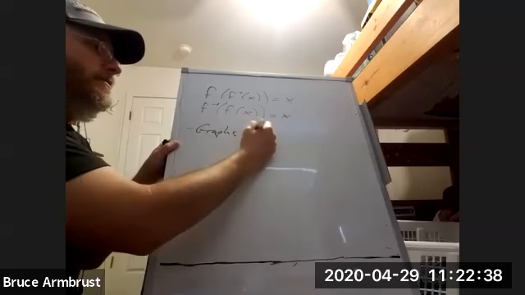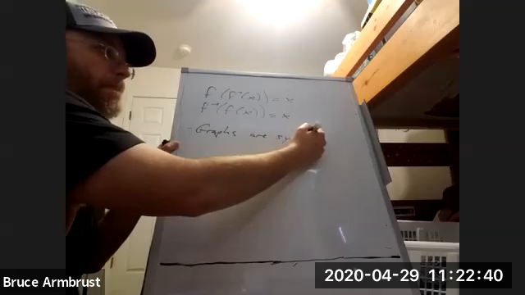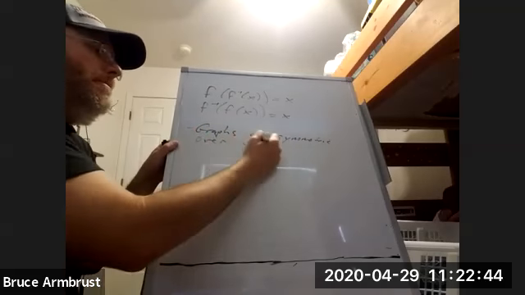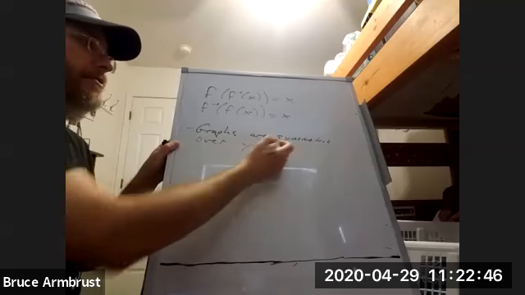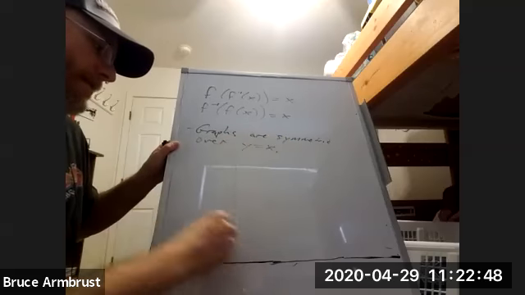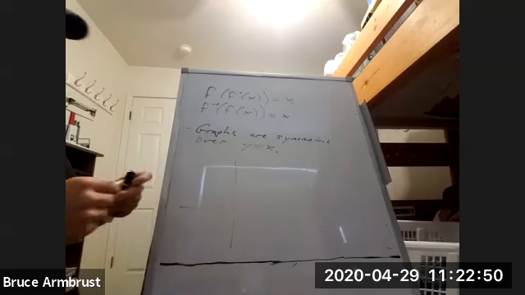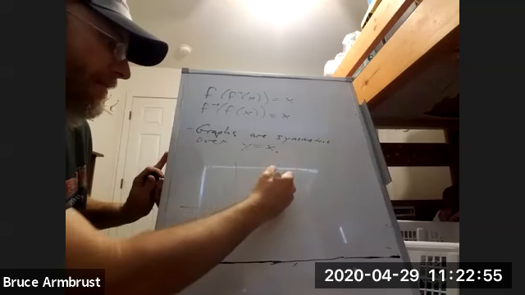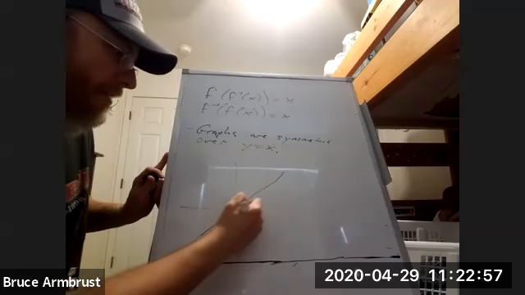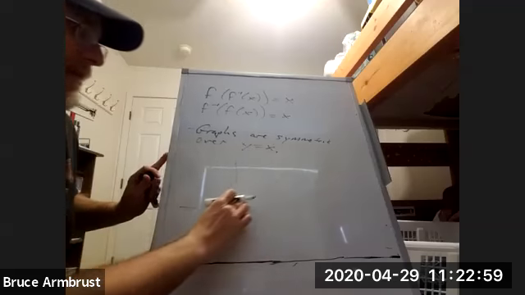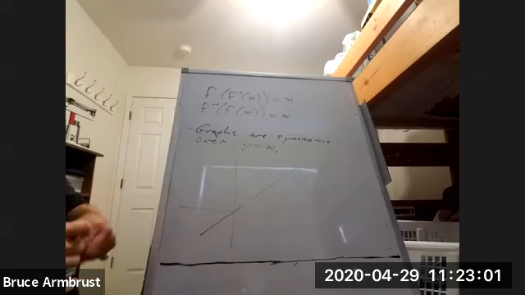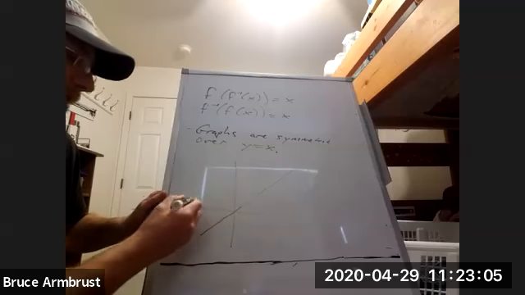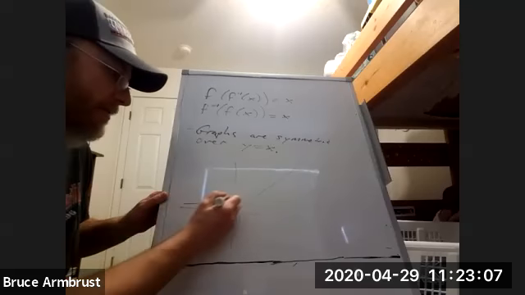Your graphs are symmetric over y equals x. So y equals x, that's the diagonal line. Whatever we see with the graph of f, an example would be something like an exponential.